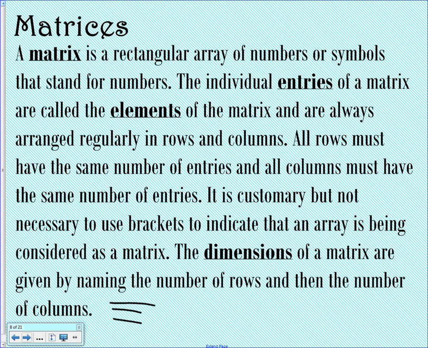Rows go that way, and then columns go vertically. If you've ever heard someone say, oh yeah, that house has columns in front, well, you've got your house, and then you've got the columns out front, and those go vertically. So the columns always go second, and that is the vertical number.